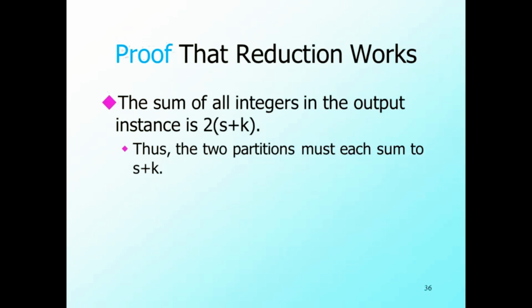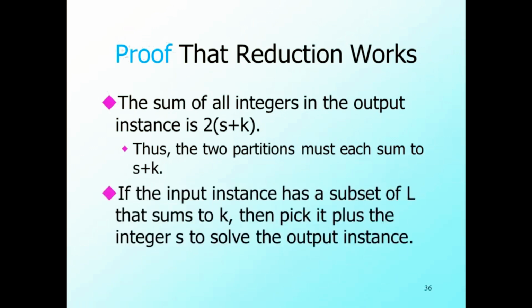Therefore, if we are to partition the output list into 2 parts, each part must sum to S plus K. First, suppose the input instance of knapsack with target has a solution. That means there is a subset of L that sums to K. In the output instance, we can pick this subset of L plus the integer S to sum to S plus K. Of course, what remains will also sum to S plus K, so we have a solution to the output instance.